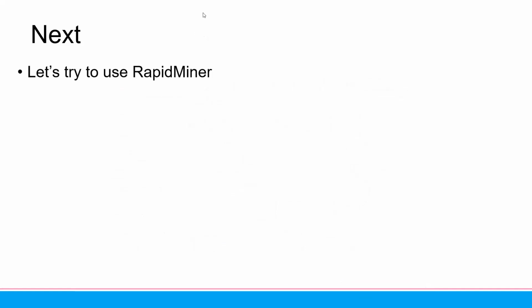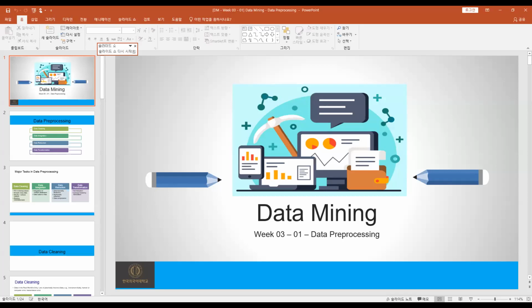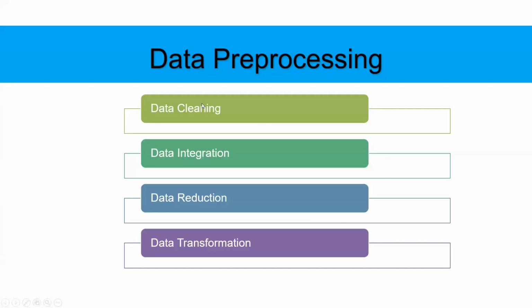So now let's go to data pre-processing first. In this section, we are going to discuss 4 key points. The first is data cleaning, and next is data integration, and then I will discuss data reduction and transformation in another PowerPoint.